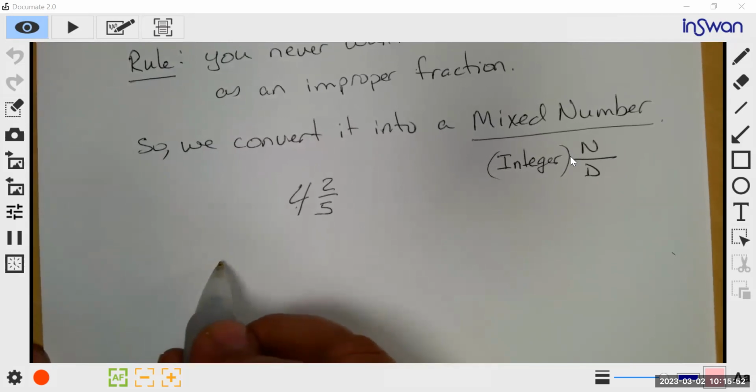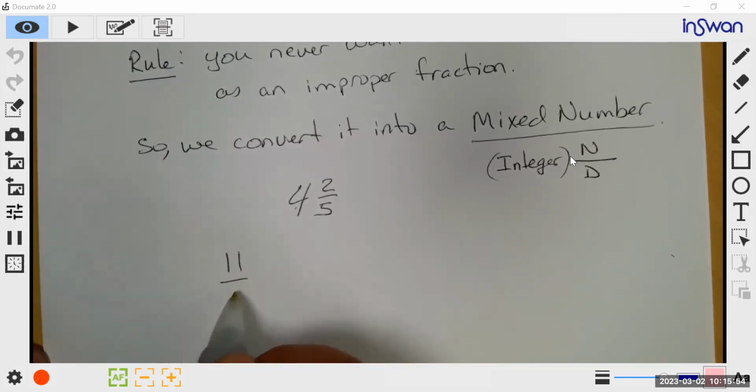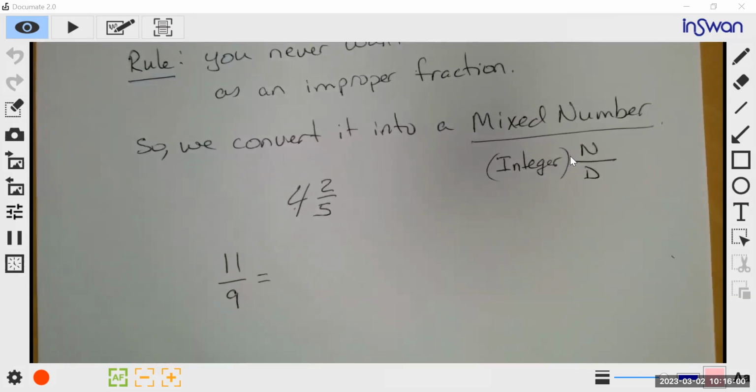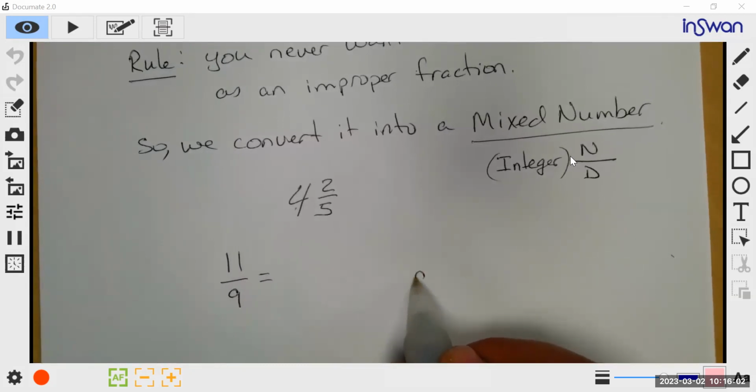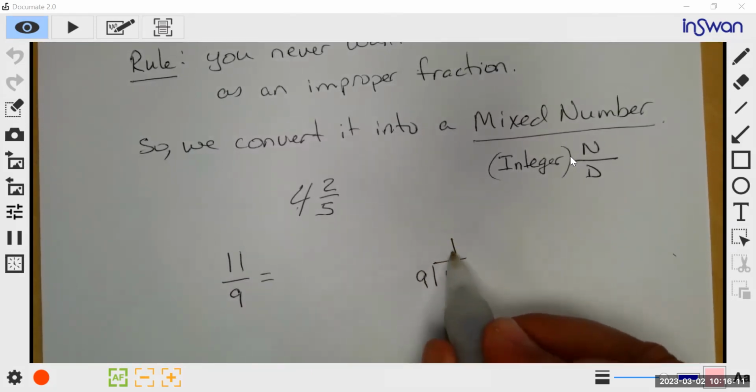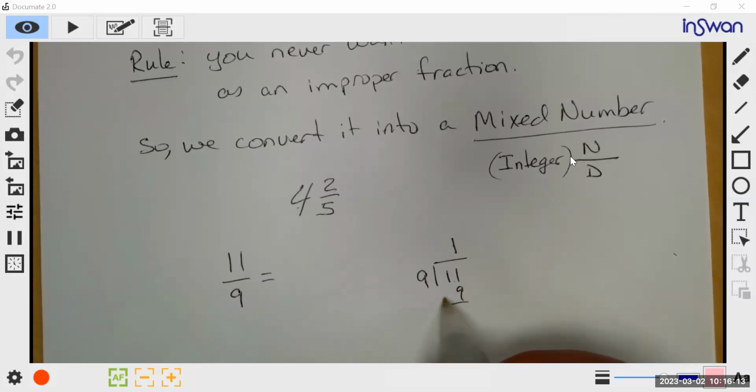So let's look at 11 over 9. That's an improper fraction. So the easiest way to convert this one is, let's just do the division. How many times does 9 go into 11? 1. 1 times 9 is 9. 11 minus 9 is what? 2. And those are the pieces we need.